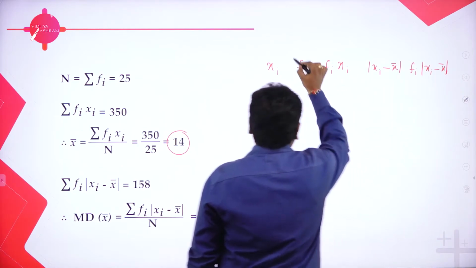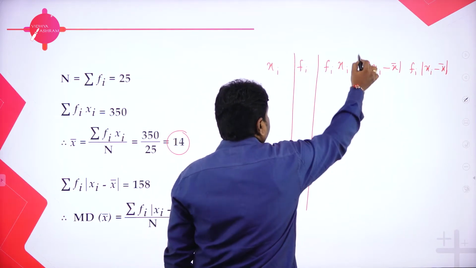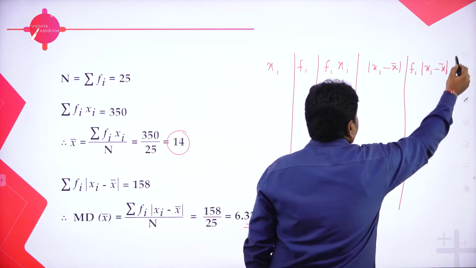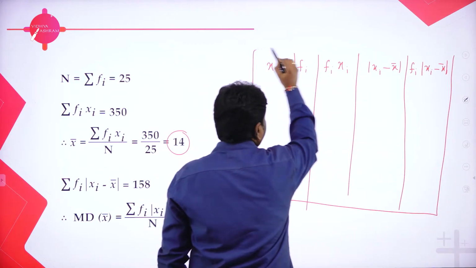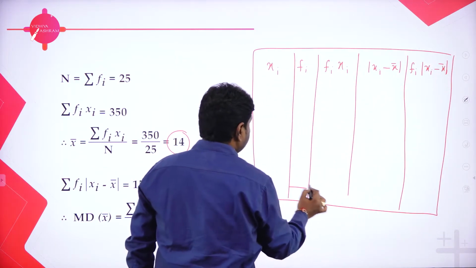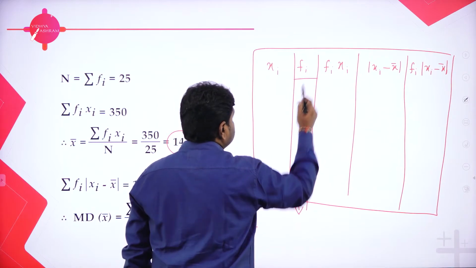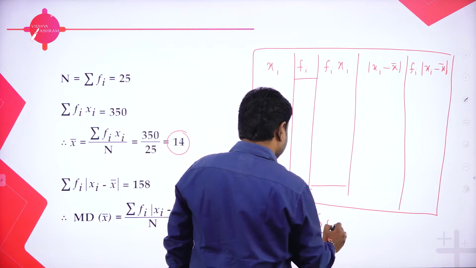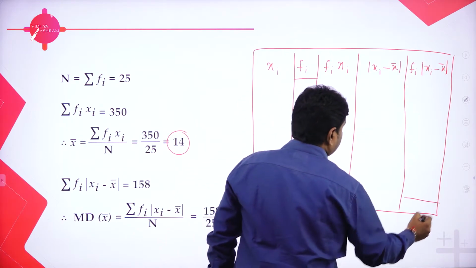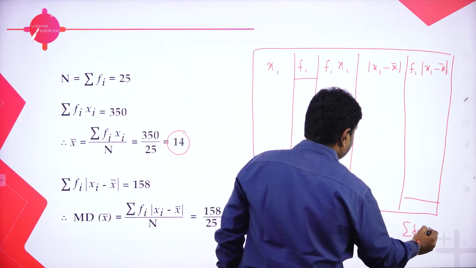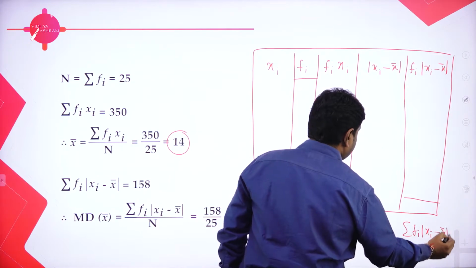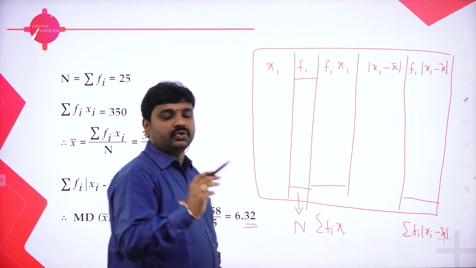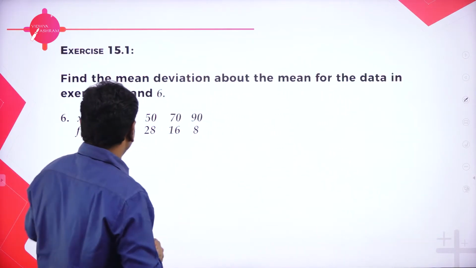These are the column headings I have written. So make a table like this. If you add the column of frequencies, you will get n. If you add this column, you will get sigma fi xi. And if you add this column, you will get sigma fi into modulus of xi minus x bar. That's it. I hope all of you got this, and use the formula and you'll get it.